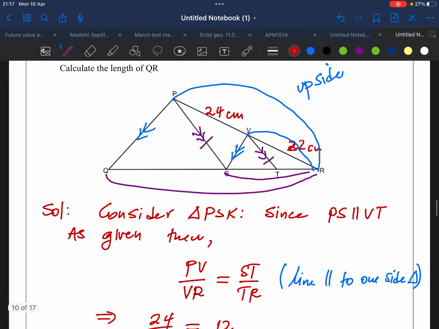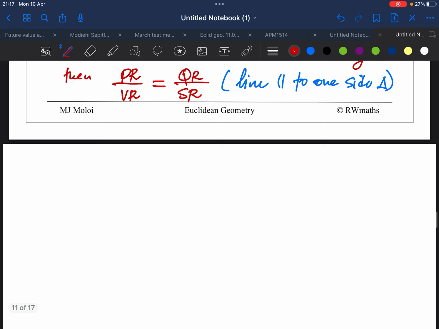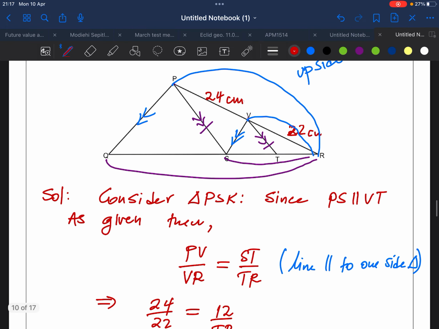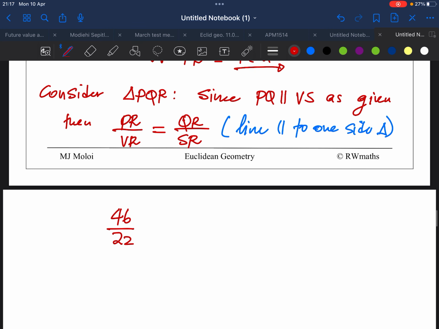Let us check PR. So PR will be 24 plus 22, which is equivalent to 46. So we will have 46 over, what is VR? VR is 22. So over 22, which is equivalent to how much?